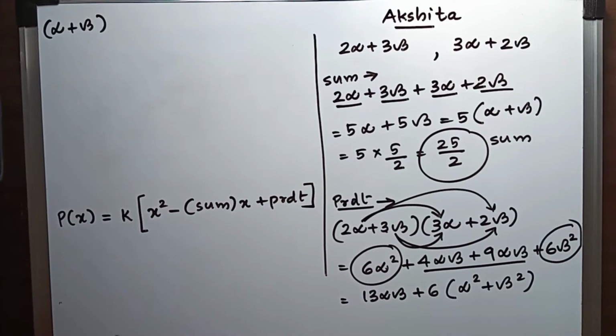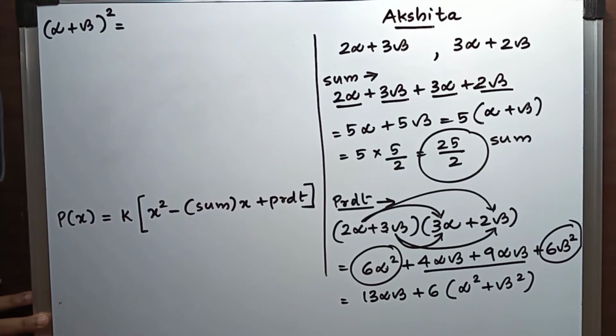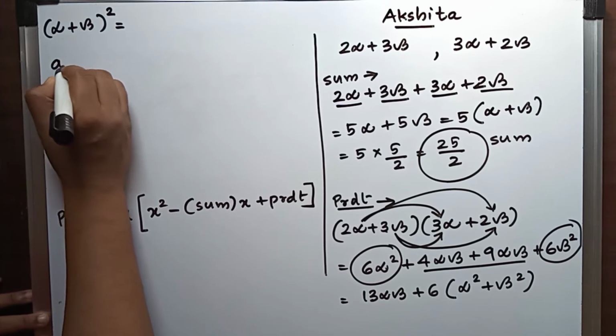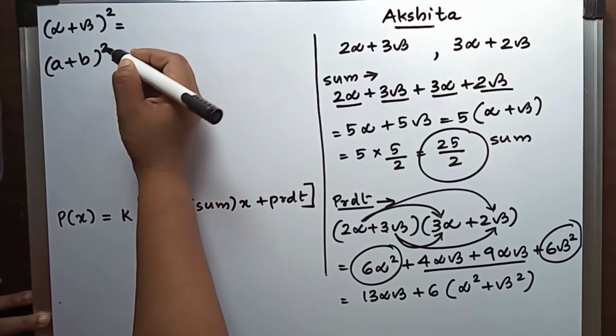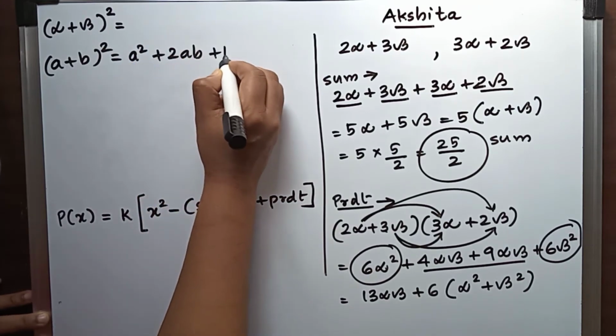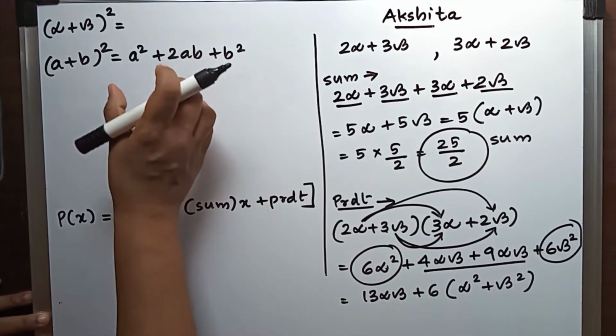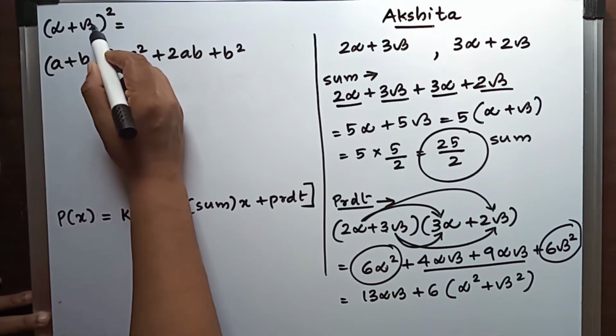For that we will use the identity alpha plus beta the whole square. Okay, we have learned the identity. a plus b the whole square is a square plus 2ab plus b square, right? We are using it here. Here in place of a we have alpha and in place of b we have beta.